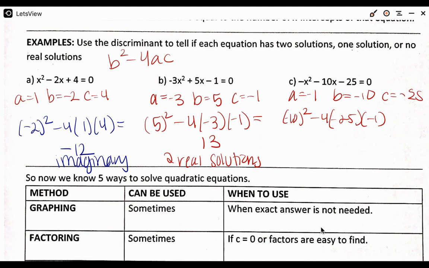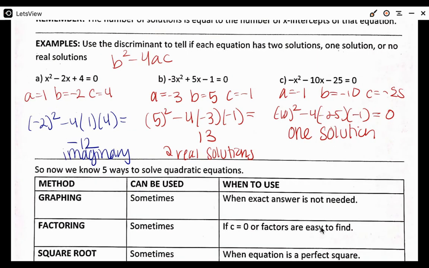Plug that all in, and we get 0, which means that this equation has one solution. So right now, we just checked whether there are 1, 2, or no solutions. We didn't actually solve to find what those solutions are, but that's a quick thing we can check just by using our discriminant. Okay, so that's our discriminant.